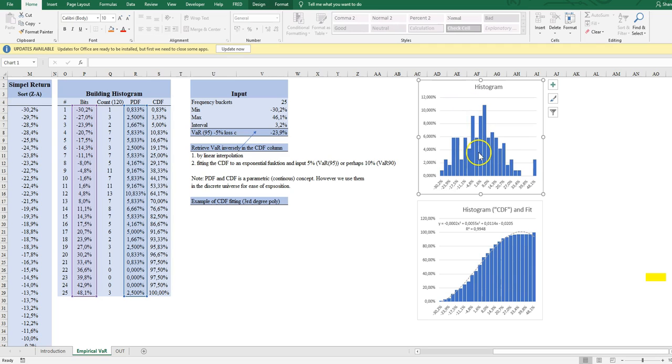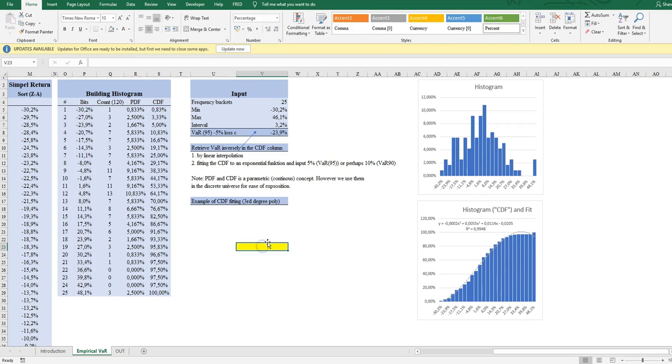So this is the histogram, empirical histogram, and here is the empirical CDF histogram, and we see it moves gradually towards 1 or 100%.